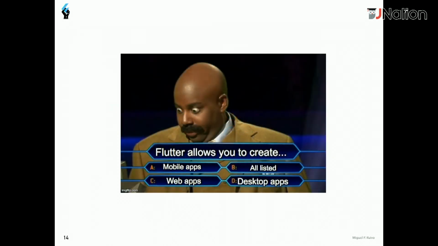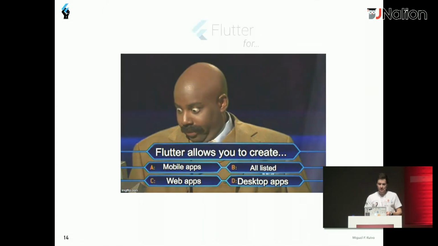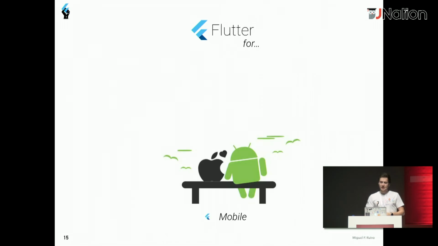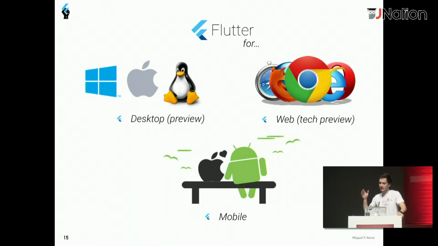We've covered mobile so far, but does Flutter also support creating other kinds of apps for web and desktop? Yeah, as of today, it does. Its main focus is mobile, Android and iOS, and the upcoming replacement for Android, which is Fuchsia. And as of today, it supports desktop and web in a preview way. I have here just a quick example.